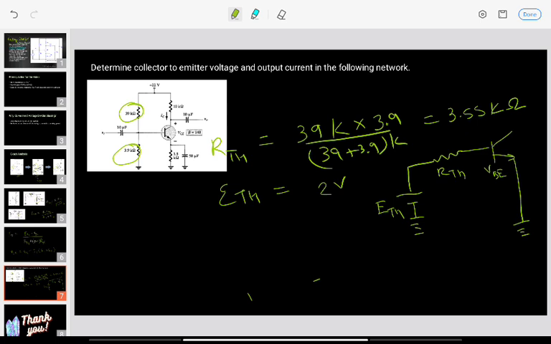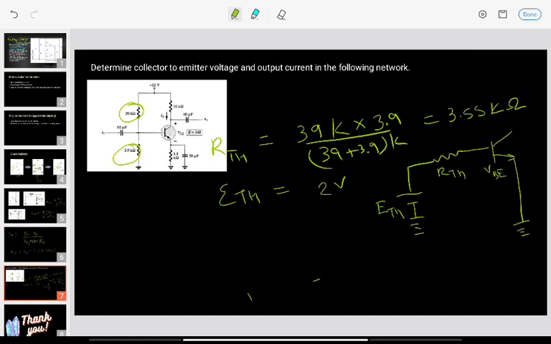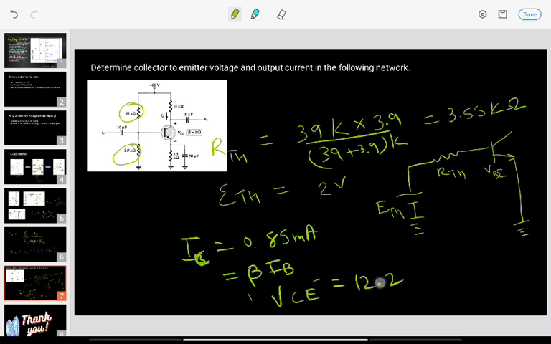When you apply the equations that we derived in this slide, you will get the value of IB, and IC will be 0.85 milliampere, which is equal to beta times IB, and VCE will be 12.22 volts.